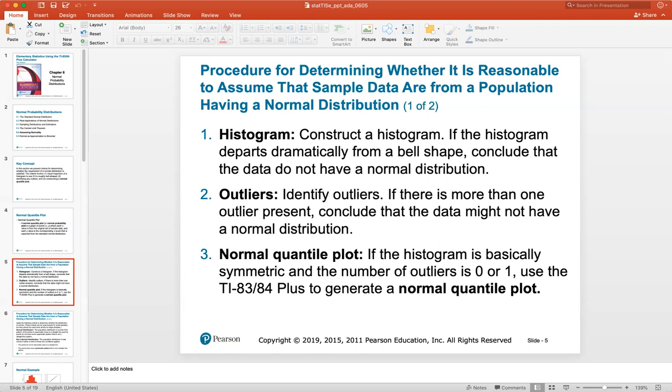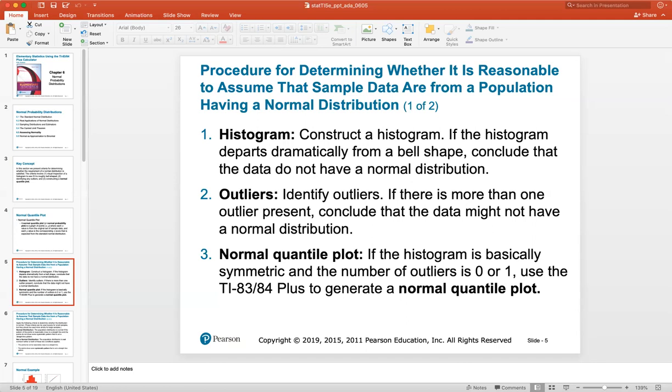Let's see the procedure for determining whether it is reasonable to assume that sample data are from a population having a normal distribution. First, construct a histogram. We know how to do it, right? At the beginning of this course, we learned how to plot the histogram using a calculator. If the histogram departs dramatically from a bell shape, conclude that the data do not have a normal distribution.